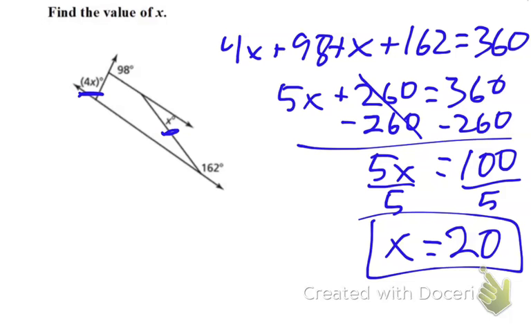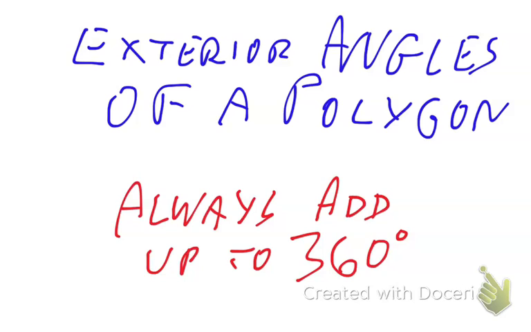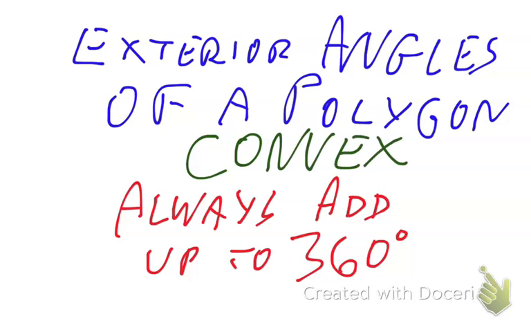Not too bad. So just to recap real quickly, back up here. Exterior angles of a polygon, as long as it is a convex polygon, I probably ought to write that down. Exterior angles of a convex polygon, which means like this, right?